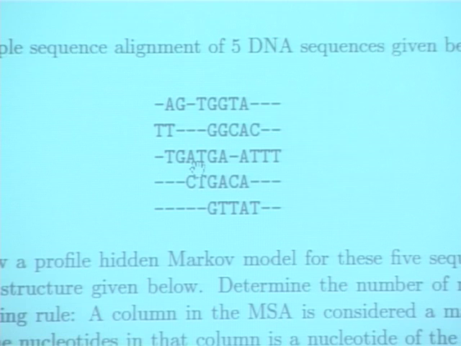Now, let's look at the second one. Everybody is going to start from begin. Every sequence has to start from begin. The second one is going to go I0, I0, and oops, there's no T at that match column, so it has to go to delete 1 state.